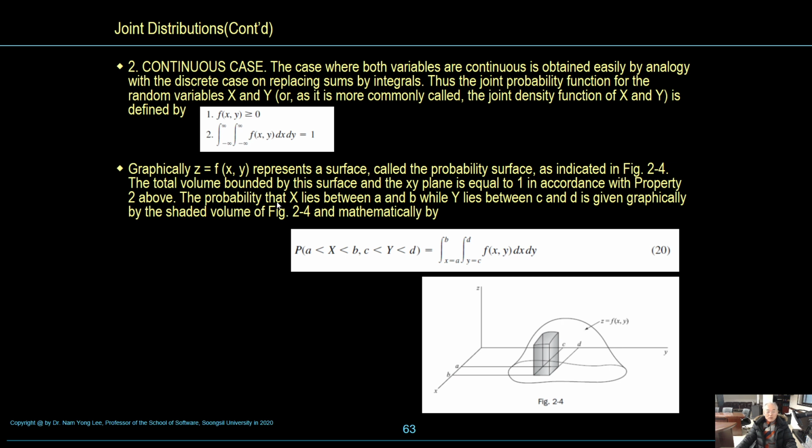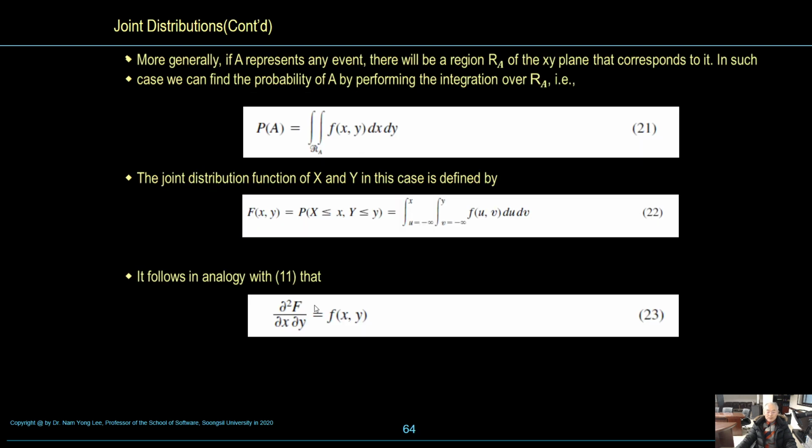The probability that X lies between a and b while Y lies between c and d is given graphically by the shaded volume of figure 2-4 and mathematically by the formula 20. More generally, if A represents any event, there will be a region R_A of the xy plane that corresponds to it.